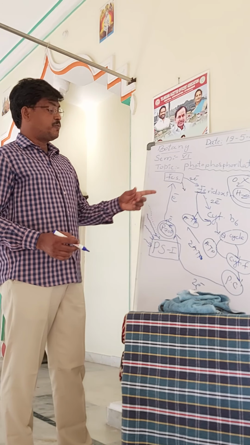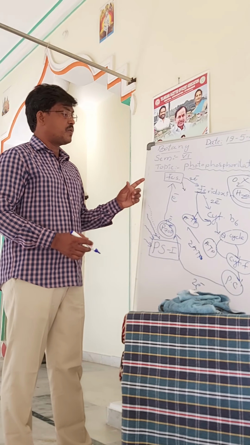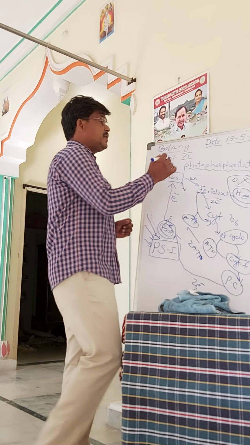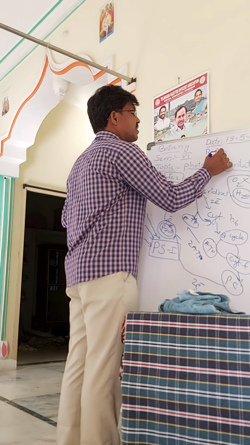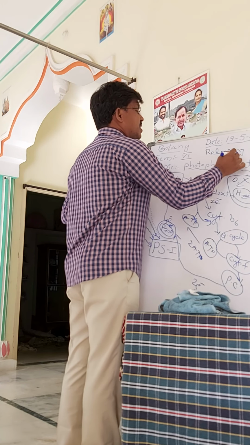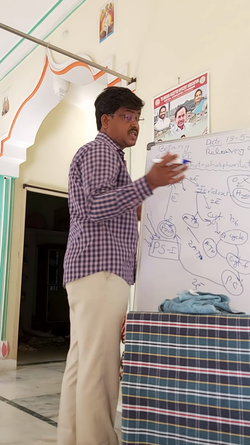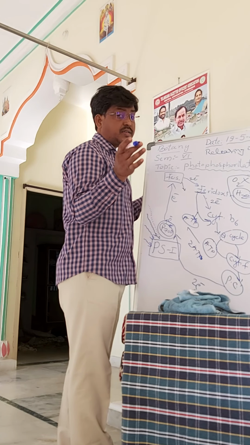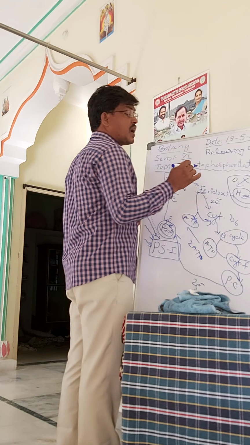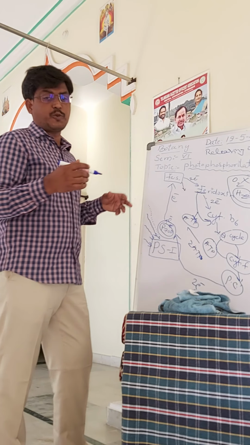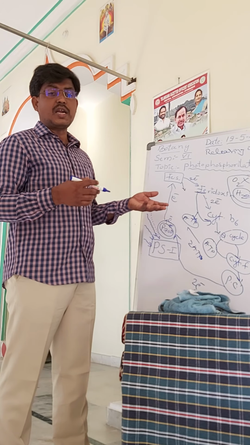But in this cyclic photophosphorylation, the release of oxygen is absent. Oxygen cannot be released because photolysis of water is not happening in this procedure, as the electrons are not being utilized.